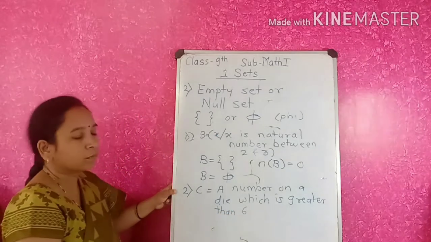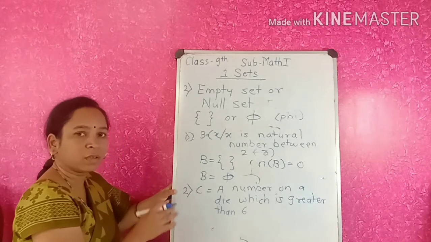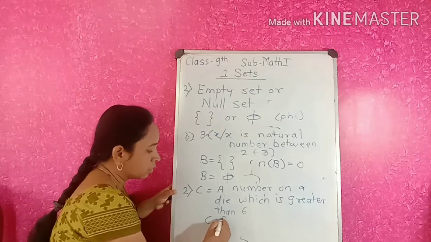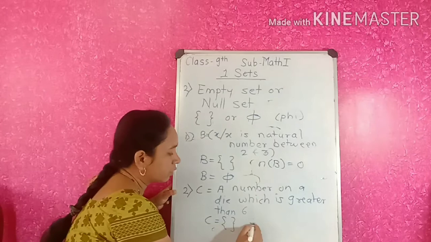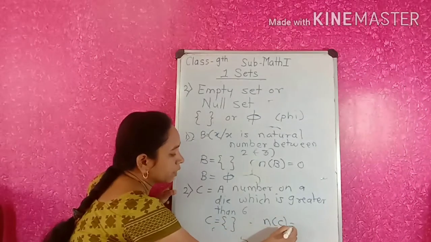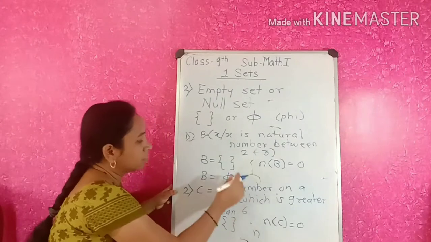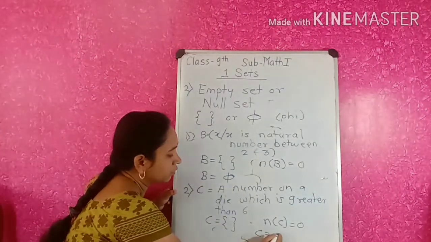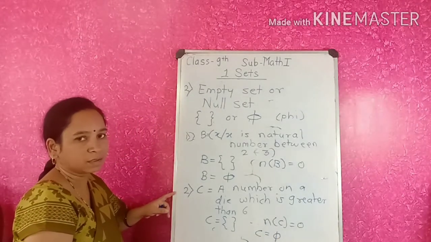Here also we can't find any number greater than 6 on a die, because on a die we can find only the numbers 1 to 6. So here C set would be empty. It won't have an element. Therefore n of C would be 0. And I can write this using the symbol phi, that C is equal to phi. So these two are examples of an empty set.